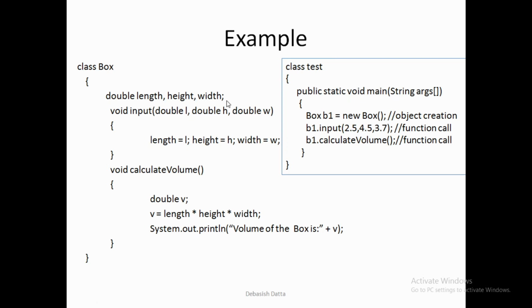Now again we can see here this class Box consists of variables along with these functions, and in another way we can say that these variables and these functions are put inside this wrapper, and putting together variables and functions into a single unit is called encapsulation.